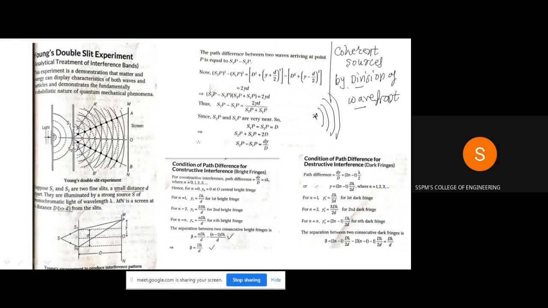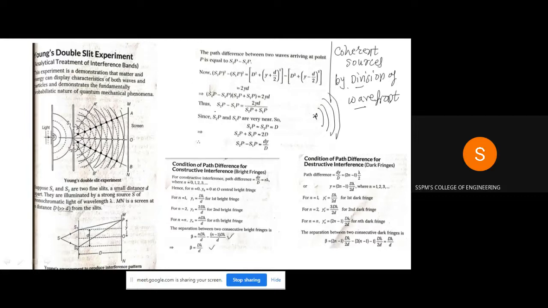When the crest of one wave overlaps with the trough of another wave, we get the condition for destructive interference. So how has the coherent source been obtained? A single wavefront has been divided into two wavefronts, and when these two propagate through the medium, they can superimpose on each other.